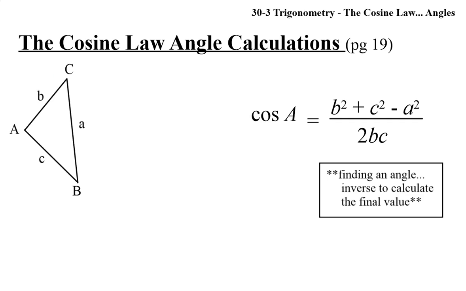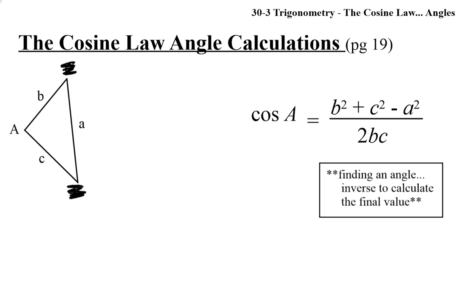So today, on page 19, we're going to talk about angle calculations. Again, non-right triangles, but no angle-side pairing. In this triangle, we wouldn't know what B or C is.